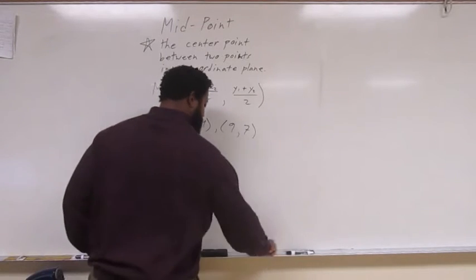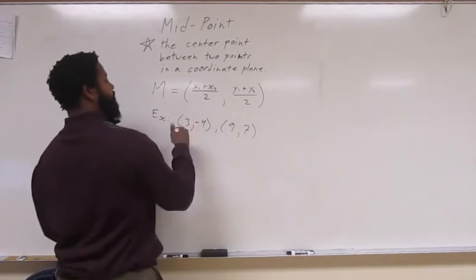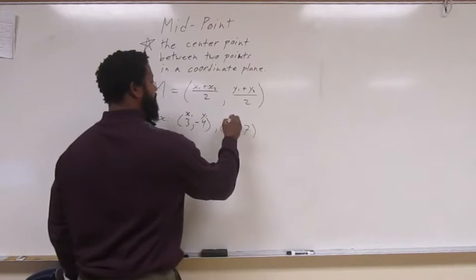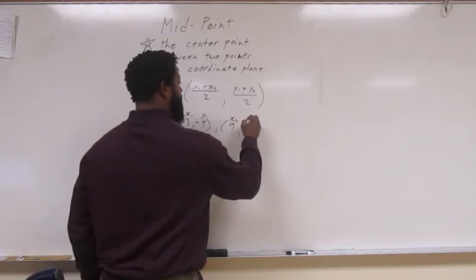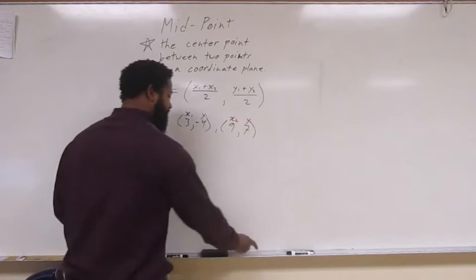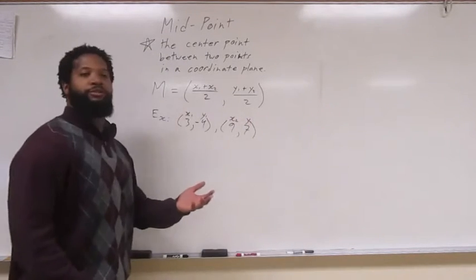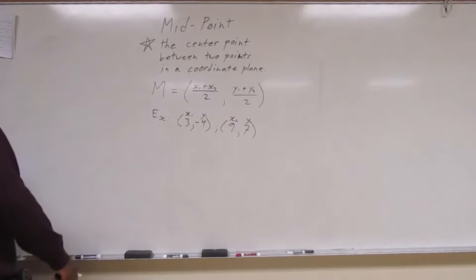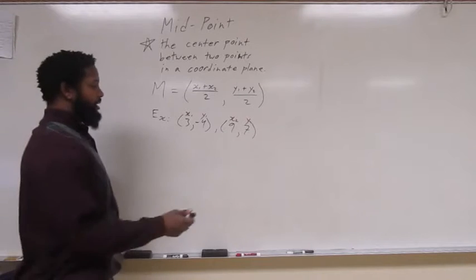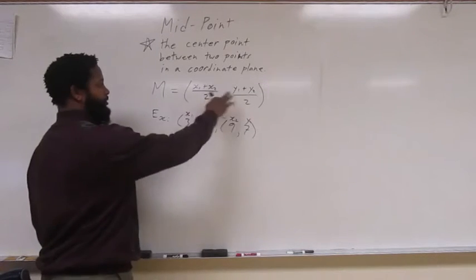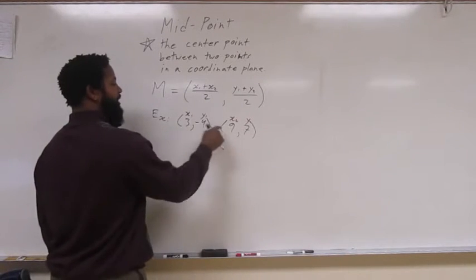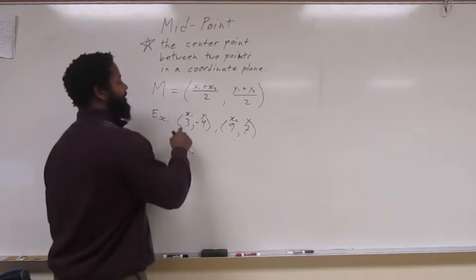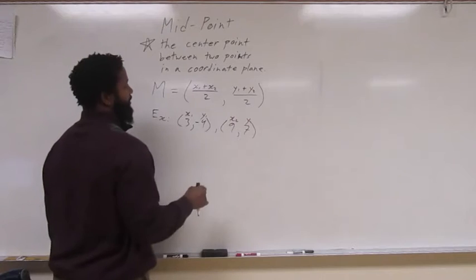And if you were to label this, of course, x1, y1, x2, y2, same as you would do for your slope. You would use this formula right here. Add the x's together and add the y's together, okay?